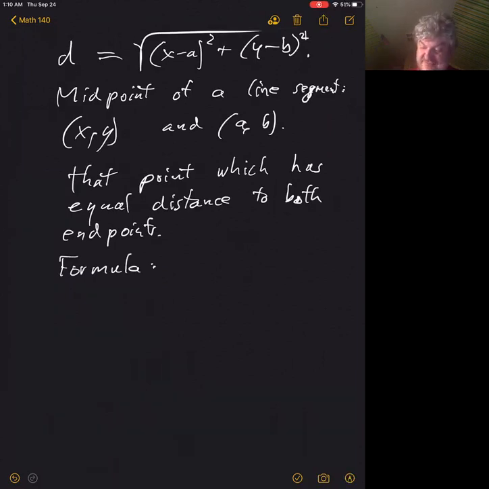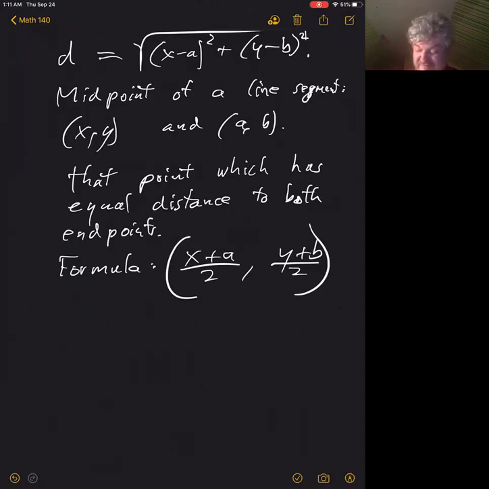You take the average of the 2 points' x values, x plus a divided by 2, and the average of the y values, y plus b divided by 2. Take 2 coordinates, and you've got a point, and that's the midpoint.